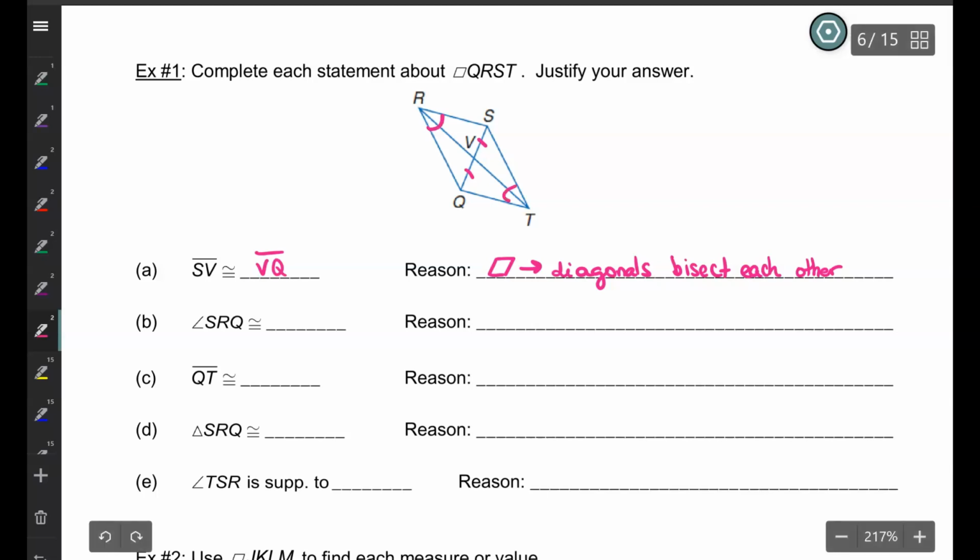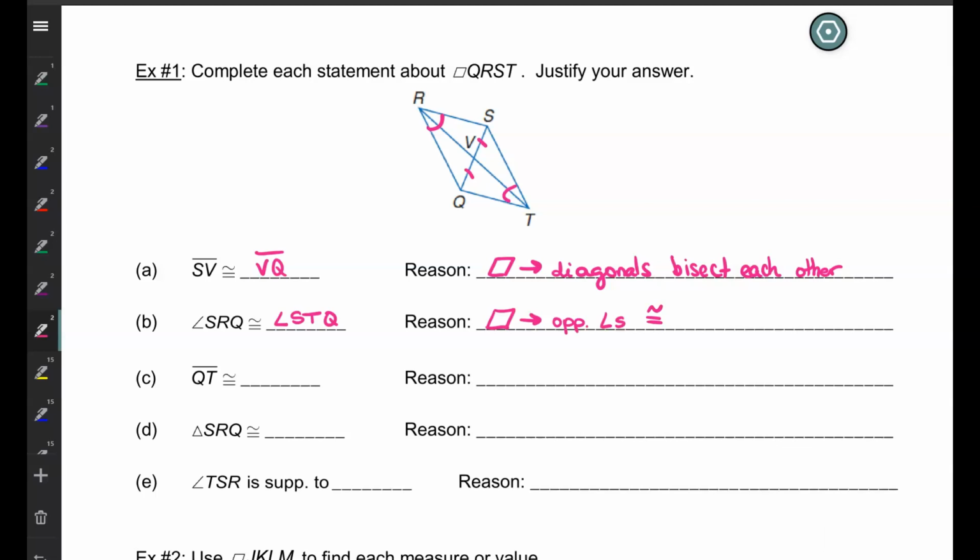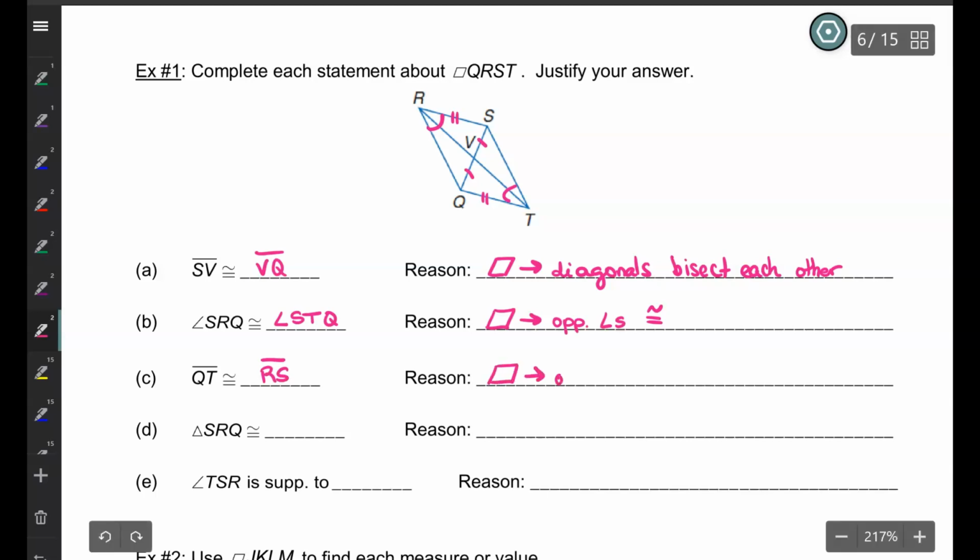That's going to have to be congruent to angle STQ, or QTS, because those are opposite angles. So my reason is parallelogram implies, and we could abbreviate, opposite angles congruent. All right, QT. That's a side. That has to be congruent to RS because those are opposite sides. So parallelogram implies opposite sides congruent.